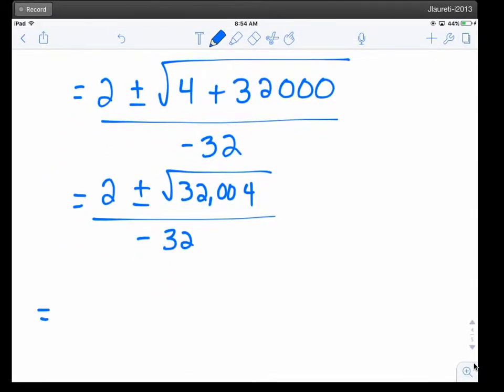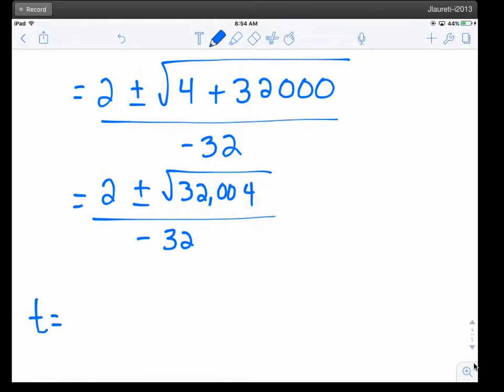Okay, so what would my two answers be? Now, if you do 2 plus the square root of this number and then divide it by negative 32, what is the sign of your answer going to be?